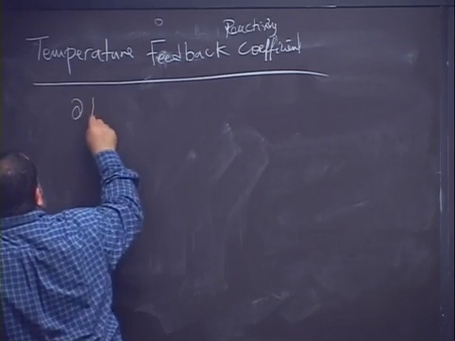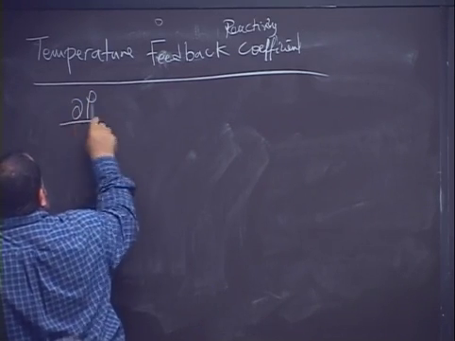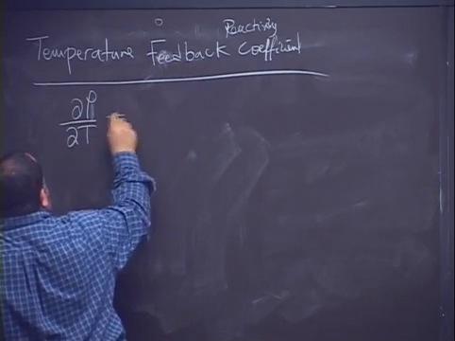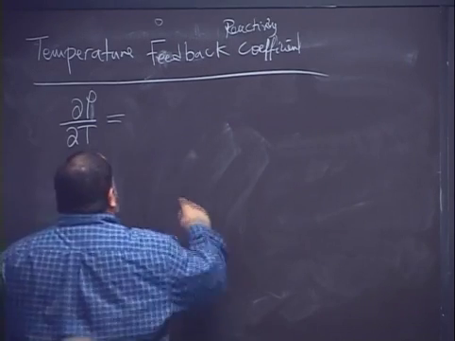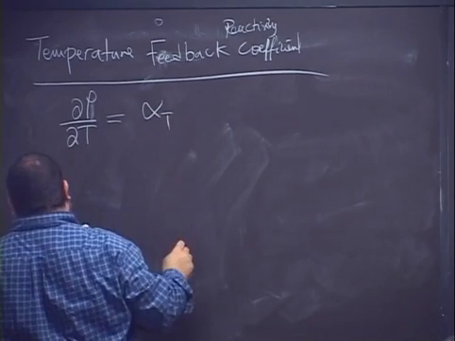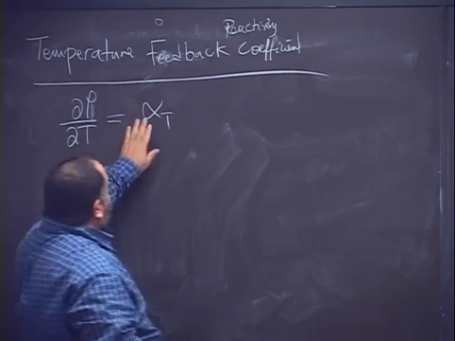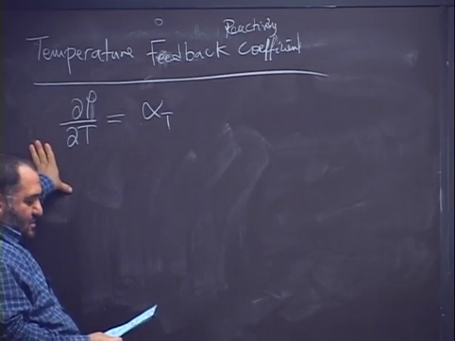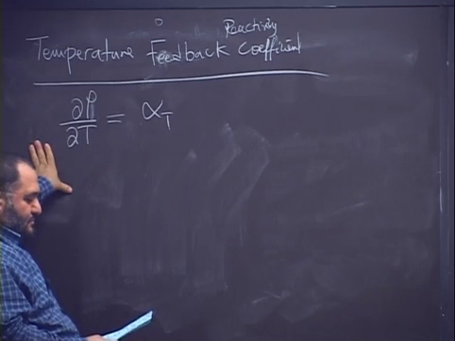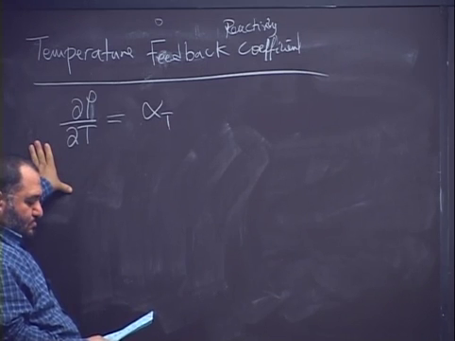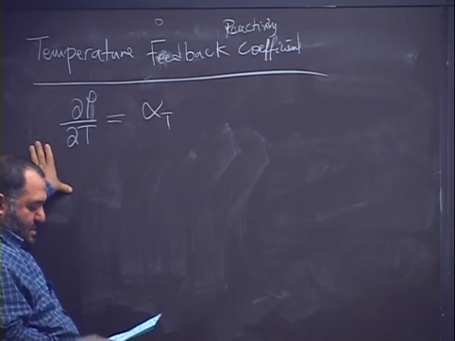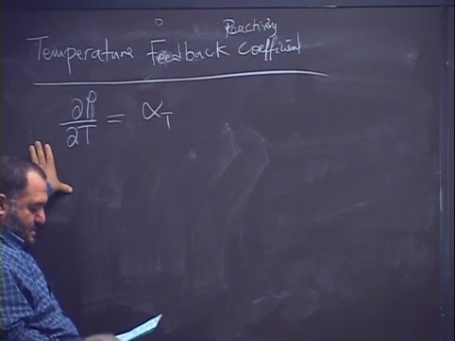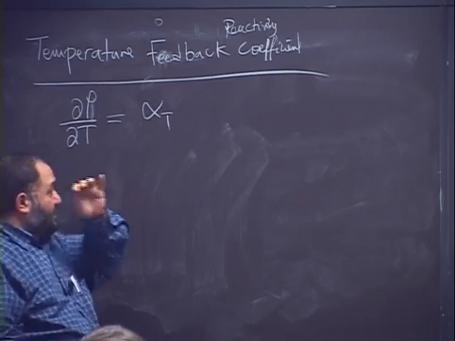Our reactivity will change with temperature, and the temperature rate of change of reactivity is denoted as alpha T, which is just the temperature feedback coefficient.